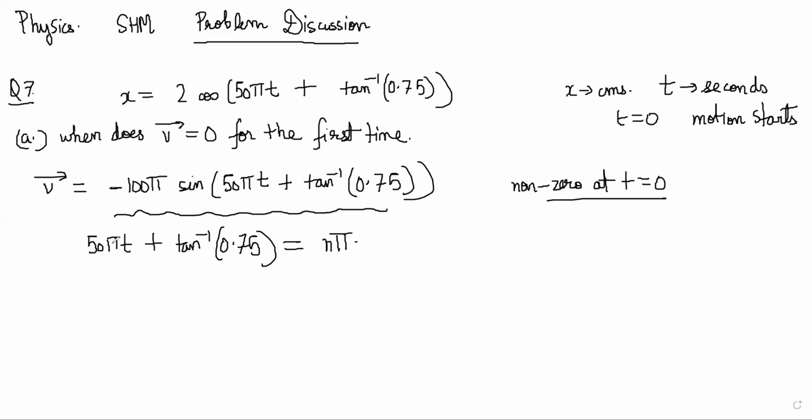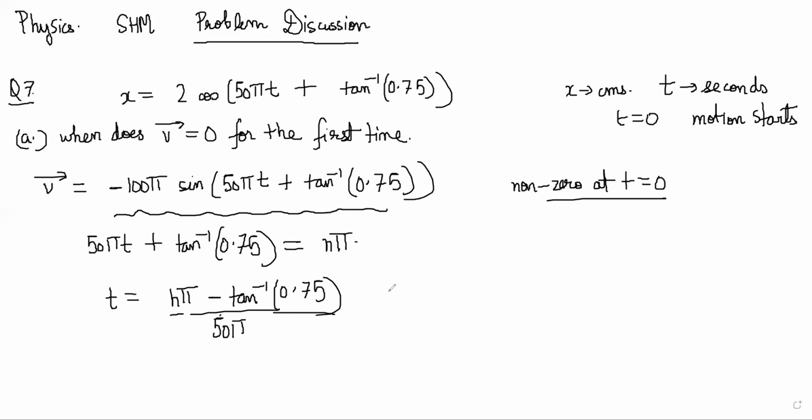So t is equal to (n pi minus tan inverse 0.75) by 50 pi.